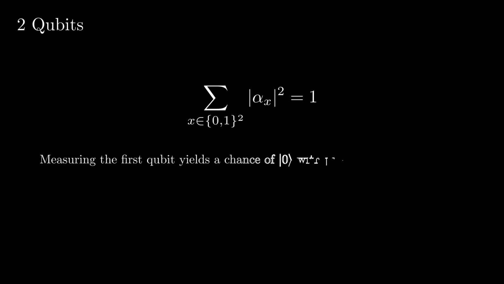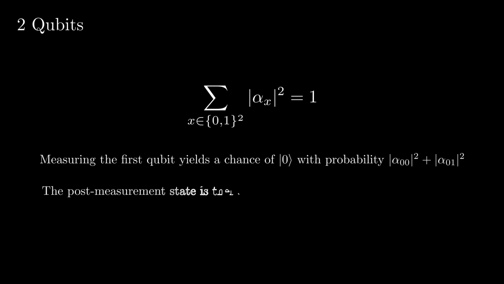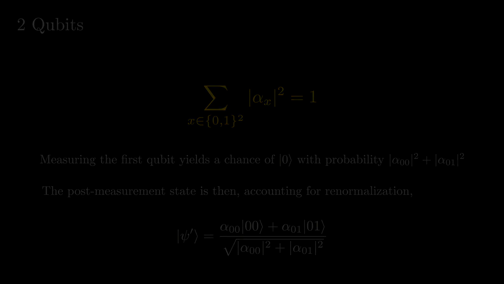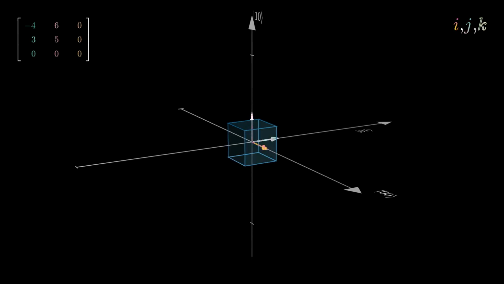Going back to the two-qubit system, if we try to determine the state of one of the qubits, the probability that we get 0 is determined by adding the squares of the coefficients with the first index of 0. After the state vector collapses, it must be divided by the renormalization factor in order to maintain a norm of 1. There are no easy visualizations of multi-qubit systems, but I'll do my best to give an idea.